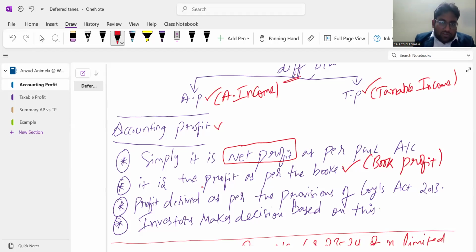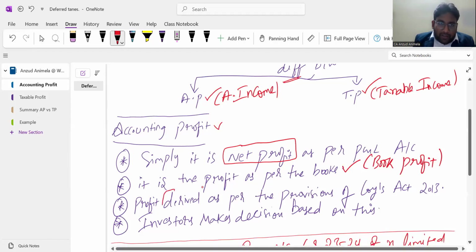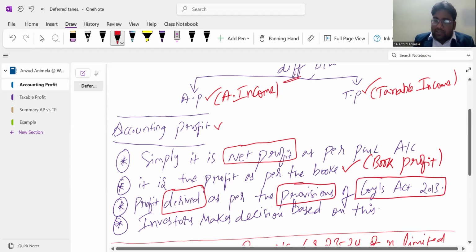And I can also say that accounting profit has been derived as per the provisions of the Companies Act 2013.